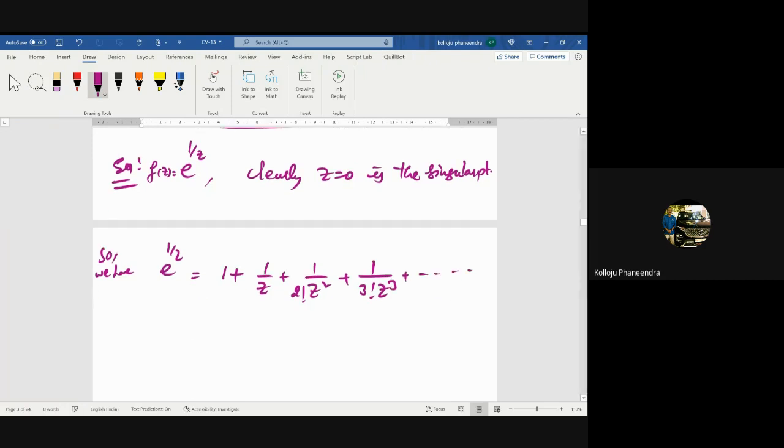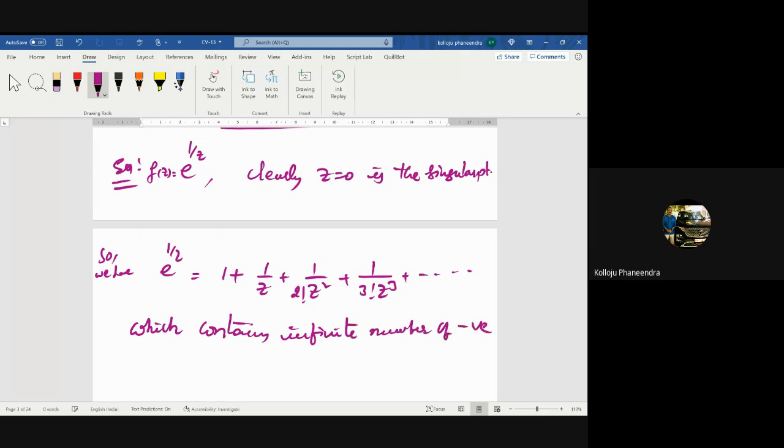So all this contains an infinite number of negative power terms. Therefore, z equal to 0 is an essential singularity.